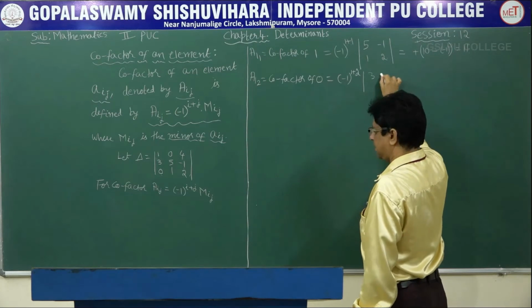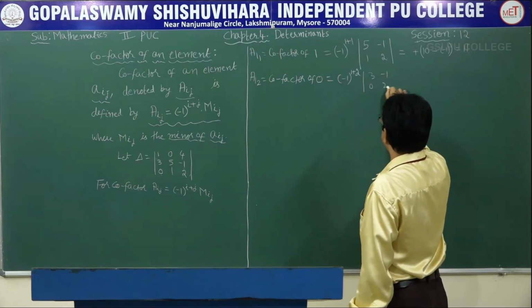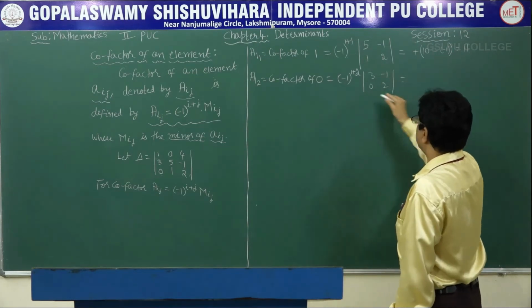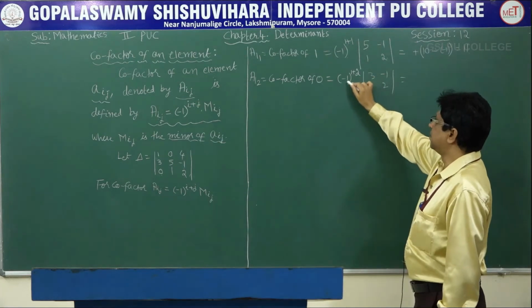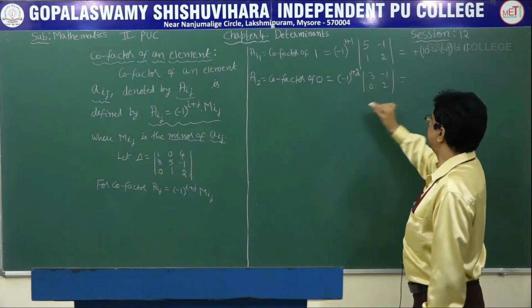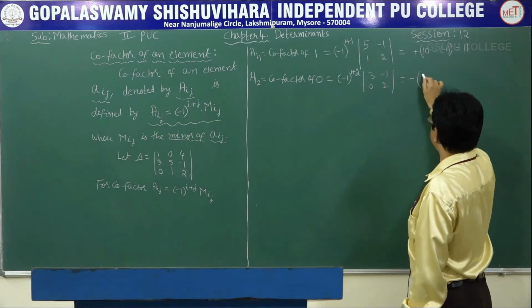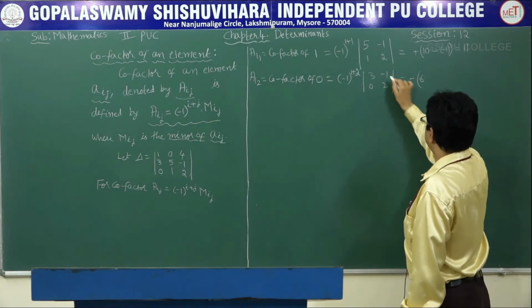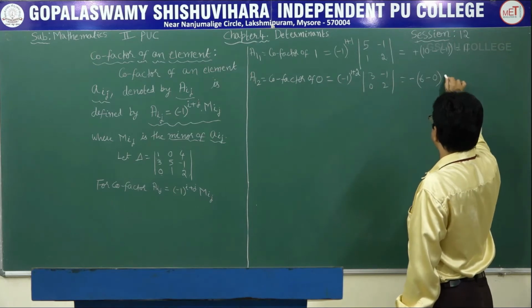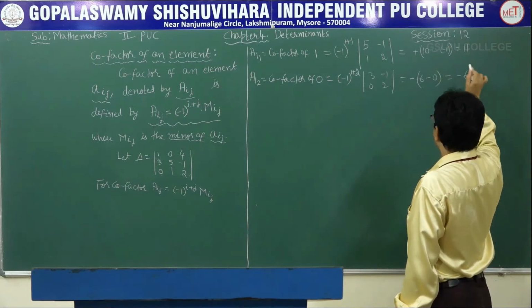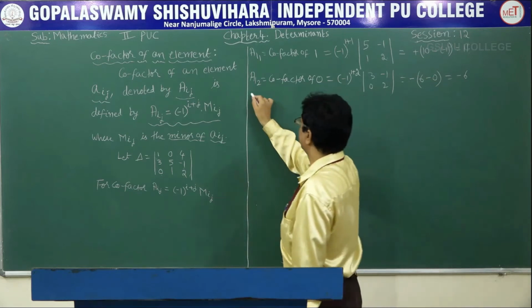That is [3, -1; 0, 2]. 1 plus 2 is 3, (-1) cubed is -1. It is minus of (3 twos are 6, minus 0 into -1, 0). That will be equal to -6.